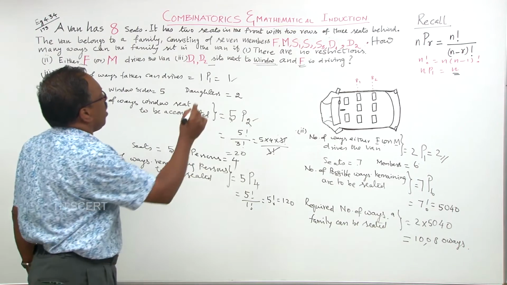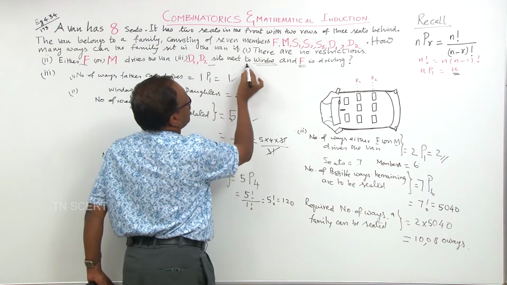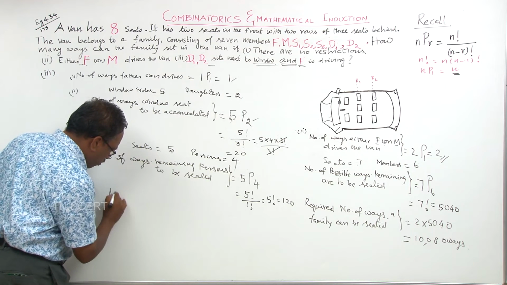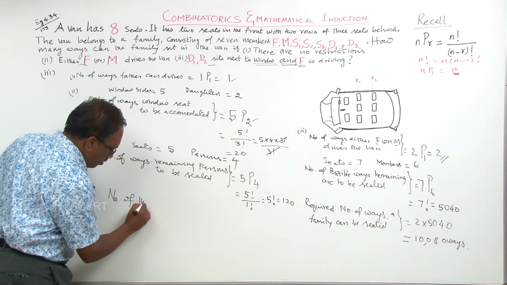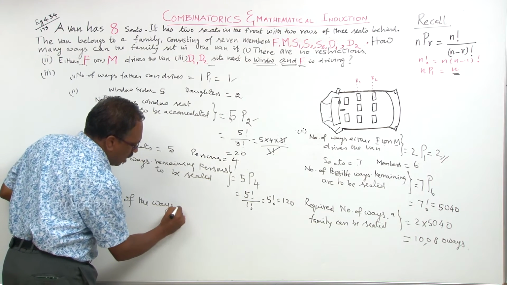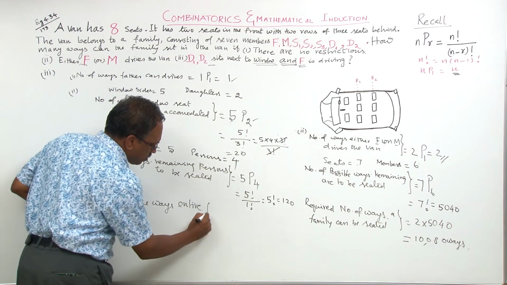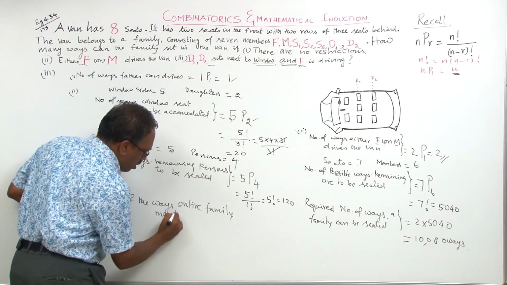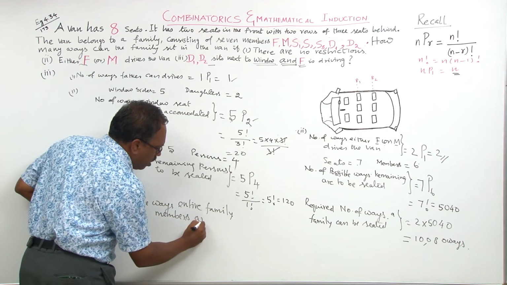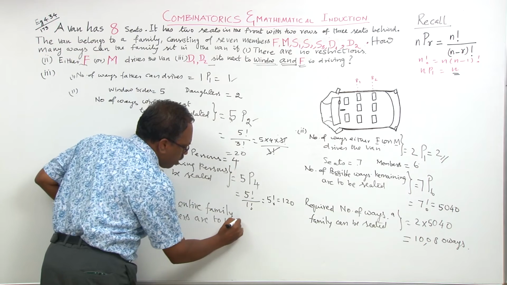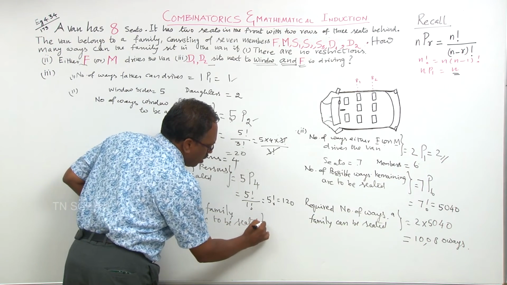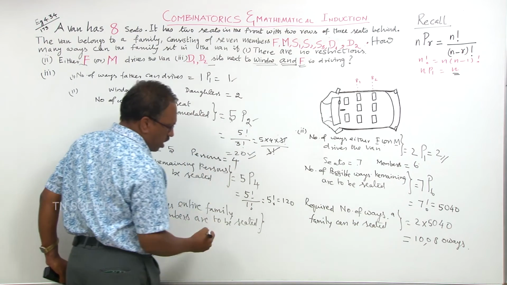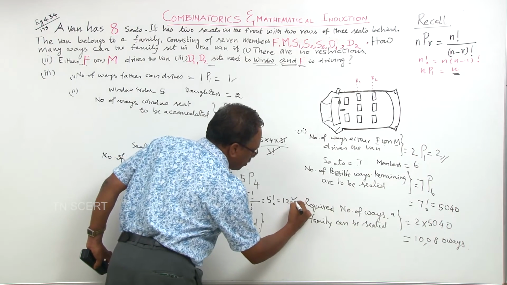Now we are combining all that. Daughters seated and, see the condition, and. So that means the number of ways the entire family members ought to be seated or accommodated. I am going to take the first condition, second condition and third one.